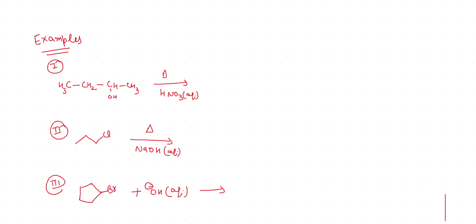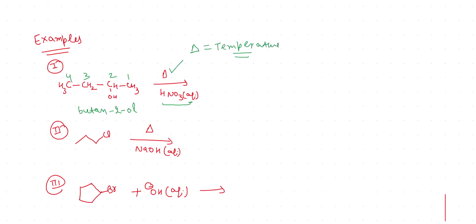This is 1, 2, 3, 4, butan-2-ol. It is subjected to react with nitric acid, that is aqueous nitric acid, meaning it is not concentrated, but in the presence of high temperature. When we use this triangle, it represents temperature, meaning we are also supplying a particular temperature.